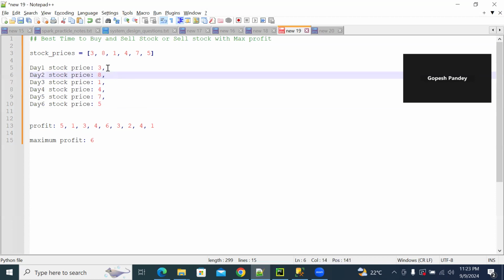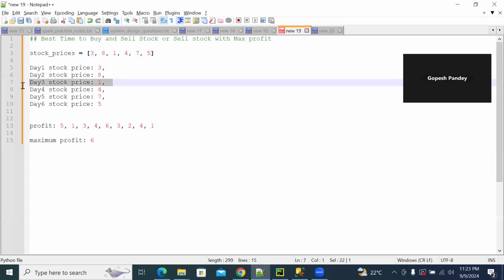At day 1 the stock price is 3. Now if you go to day 2, you get the stock price as 8. If you sell your stock on day 2, you will get a profit of 5, like 8 minus 3. You have bought the stock at 3 rupees, and you are selling the stock at 8 rupees, so you got a profit of 5 here. So this is the first profit we got.